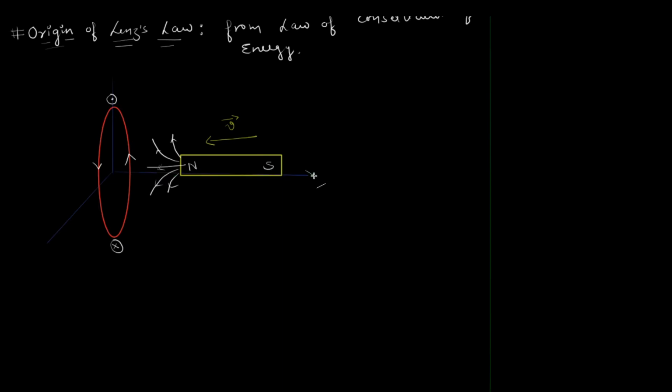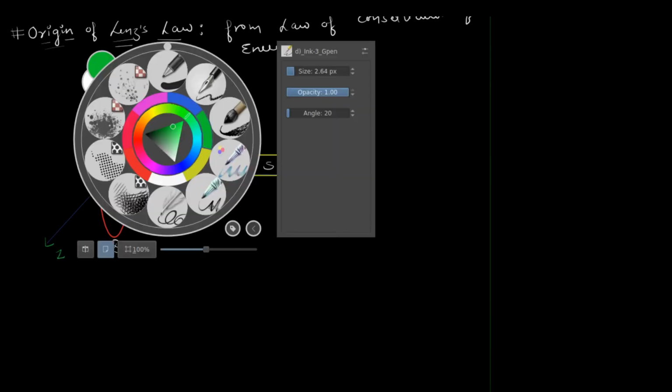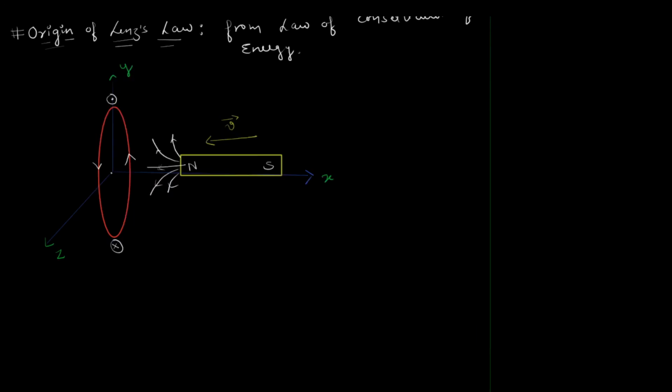The bar magnet is actually moving along the x-axis, and the ring itself lies on the YZ plane. This is Y and this is Z axis. I hope with this you get a better idea. This is the negative Z axis going inside the plane, this is the negative Y axis going below, and this is the negative X axis. So you get the idea: the ring lies on the YZ plane.